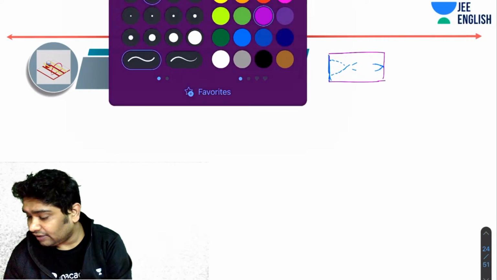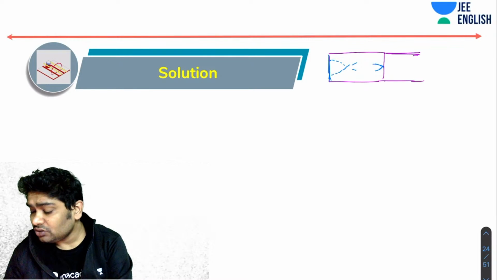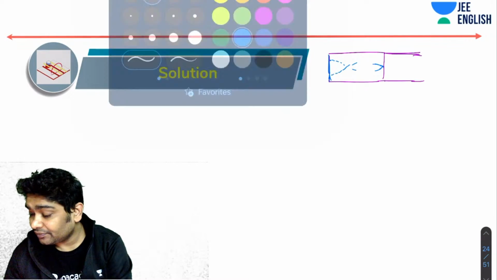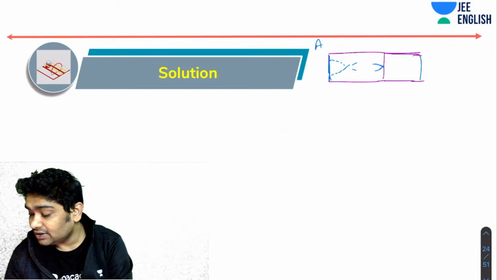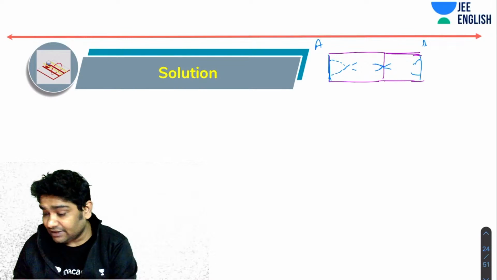Similarly, in the other half also, you would have a similar thing, right? So pay close attention to this. This is A, this is B, and here also you have an antinode, and you have a node here.